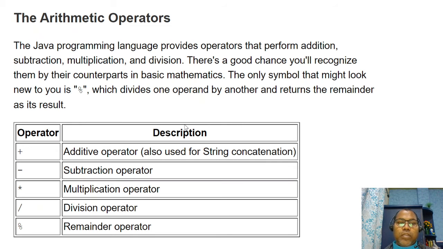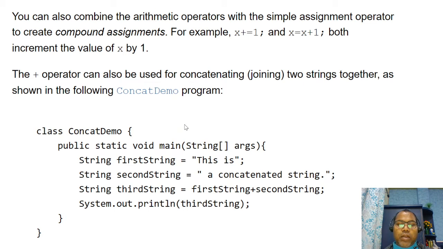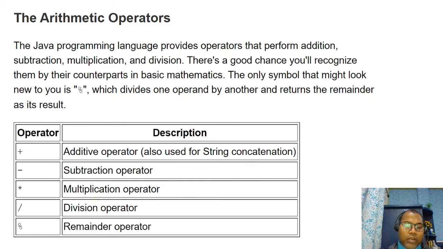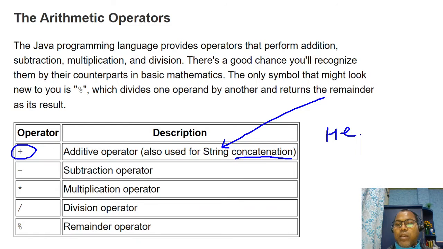These are the arithmetic operators, and one thing to note is that the plus symbol has a special meaning with strings. If you have two strings, the meaning of plus is concatenating, appending both. Let's say we have one string, hey, and a second, low.